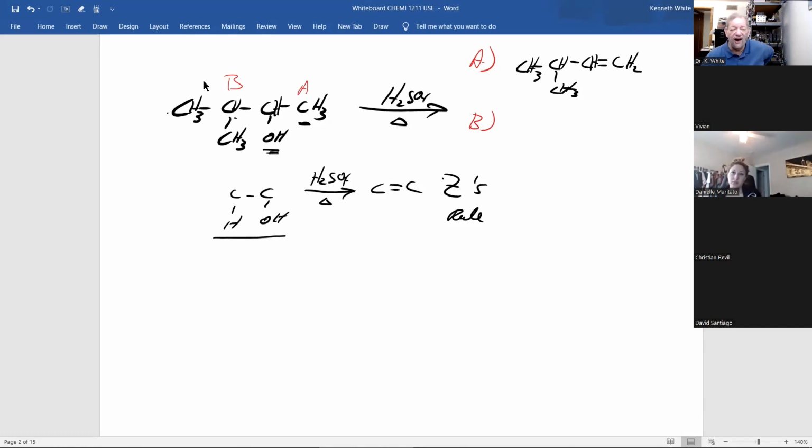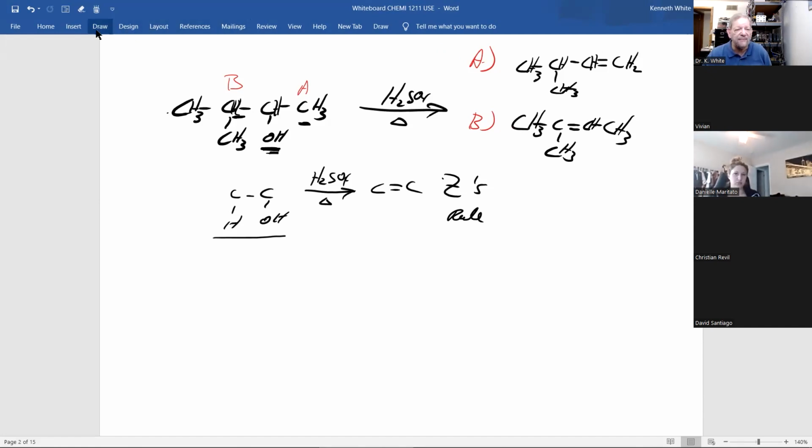Now, if we lose the hydrogen from B and the hydroxyl group, this is what we get. Notice in both cases, I start with 5 carbons, I end up with 5 carbons.